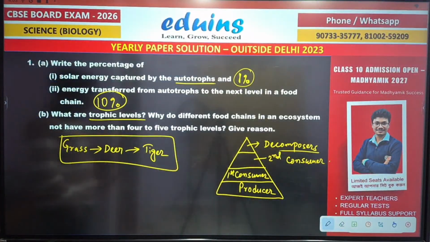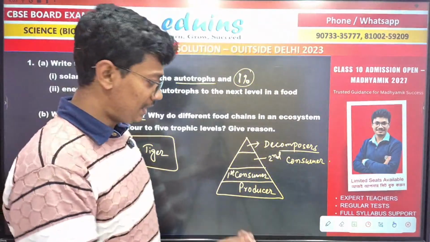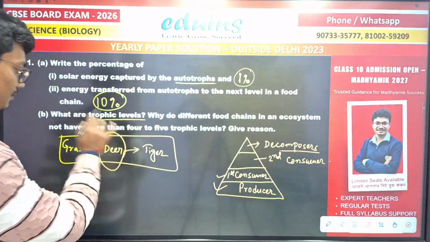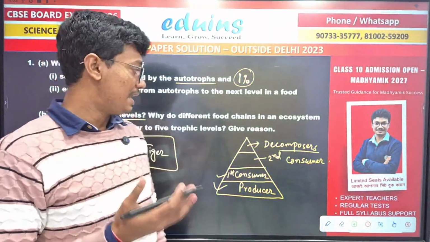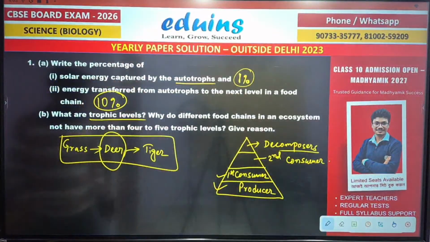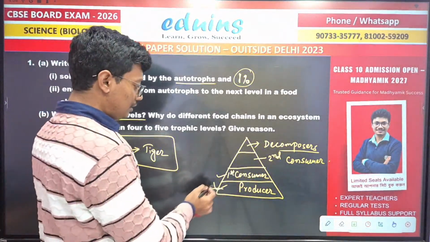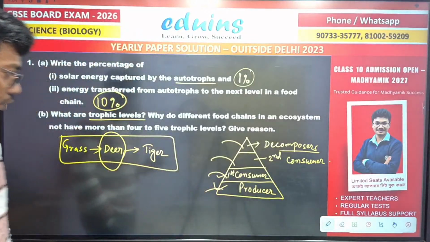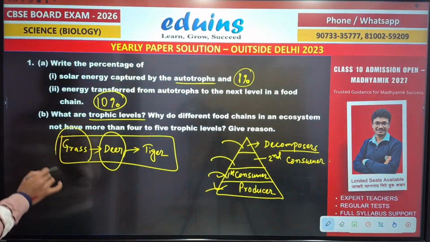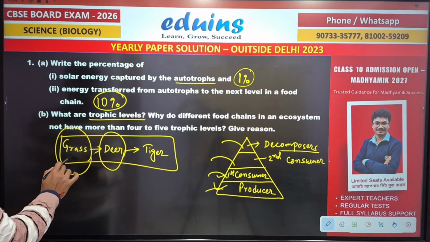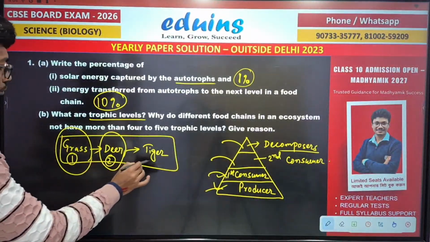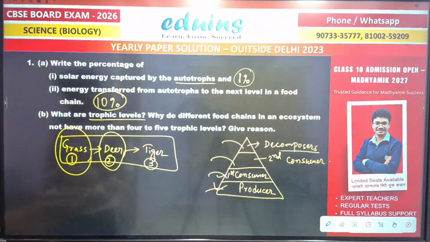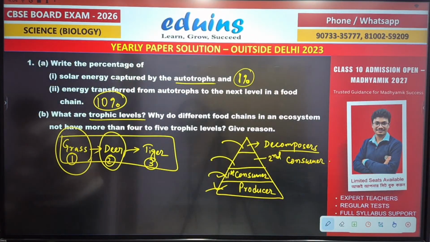So in a food chain or in an ecological pyramid, each step, or each organism belonging to this level, is called a trophic level. That is trophic level 1, this is trophic level 2, this is trophic level 3, and this is trophic level 4. And in case of the food chain, here also trophic level 1, trophic level 2, trophic level 3. So these are the trophic levels. So I hope this is clear.